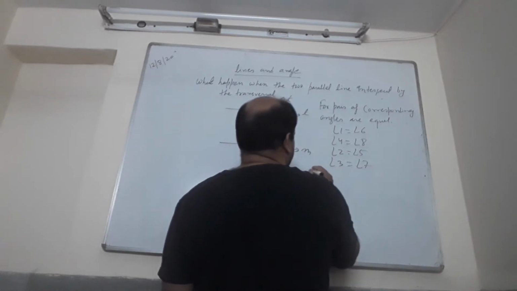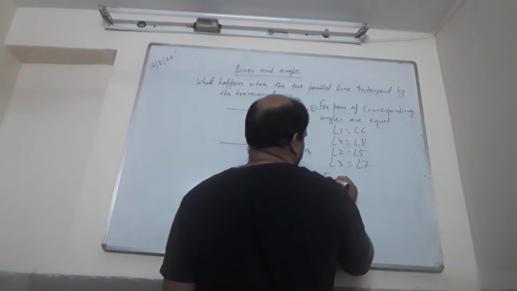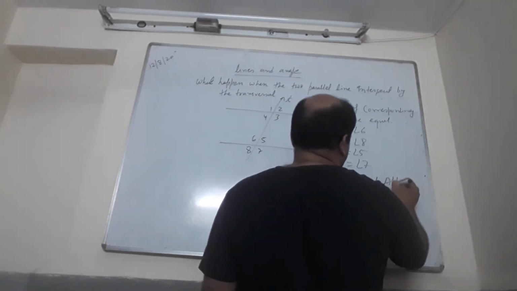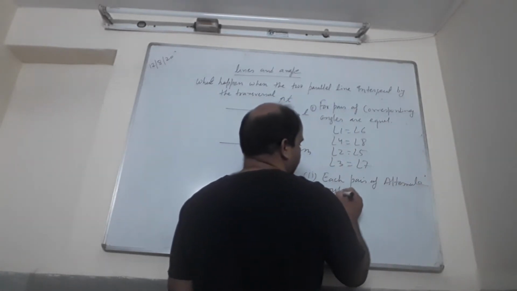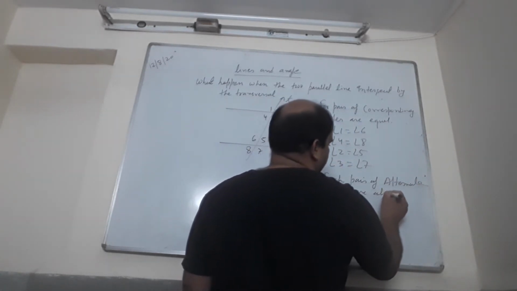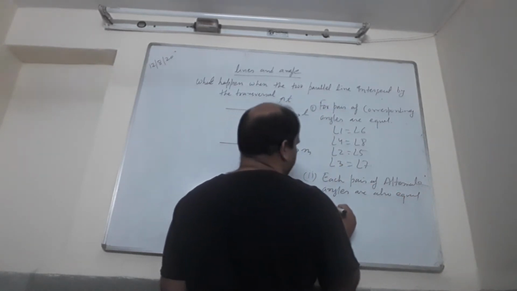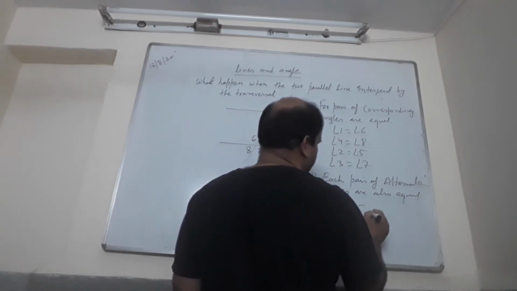And second, each pair of alternate angles are also equal. It means angle 4 equal to angle 5, angle 3 equal to angle 6.